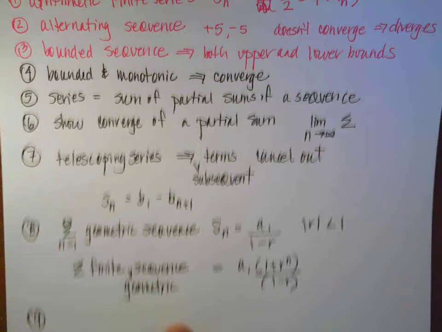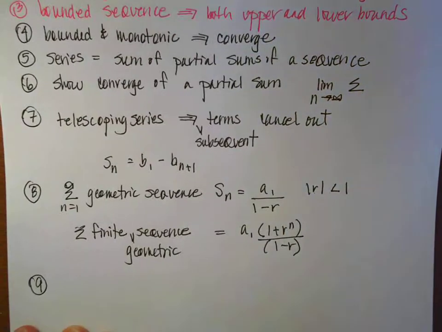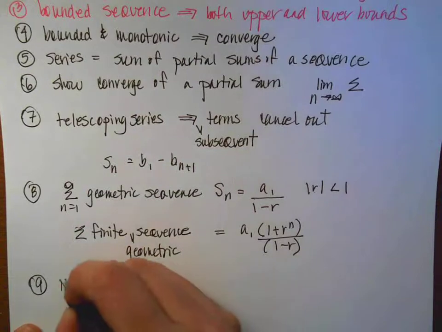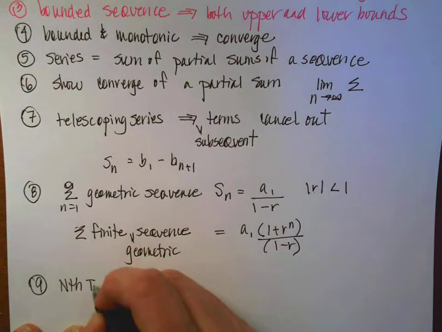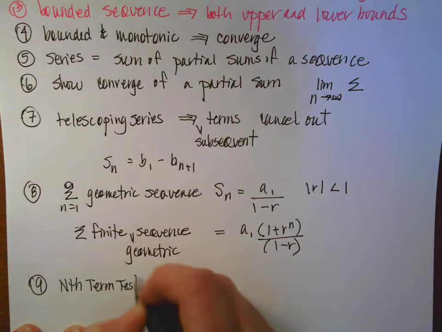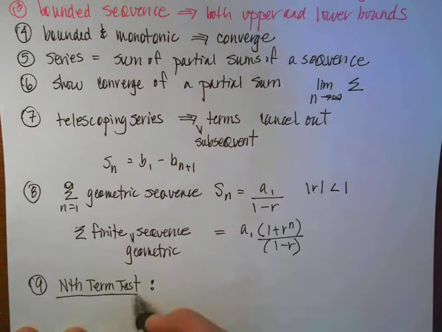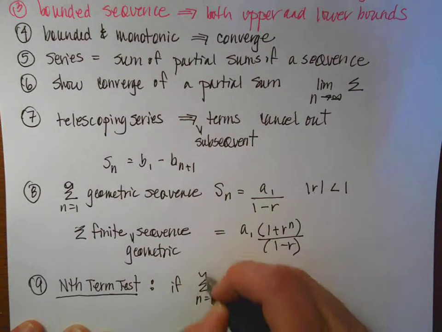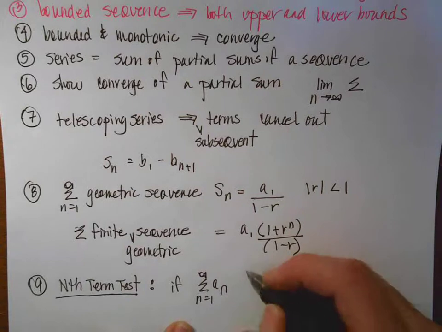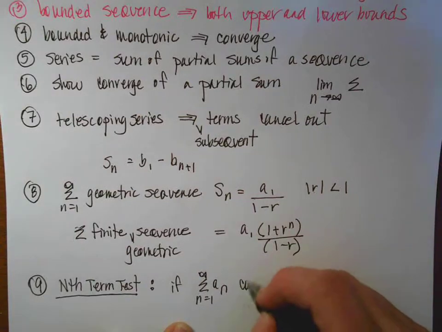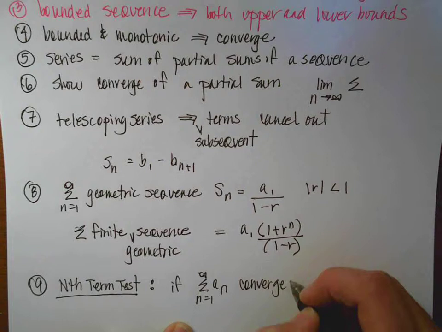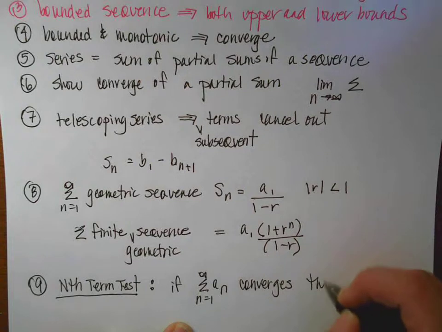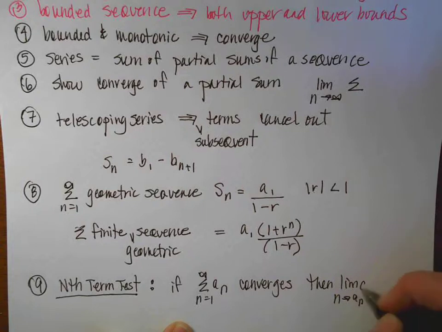All right. Then we started getting our different types of tests for convergence. The first one that we talked about was the nth term test. This is our nth term test: if I have a summation from n equals 1 to infinity of a sub n that converges, then the limit as n approaches infinity of a sub n is equal to 0.